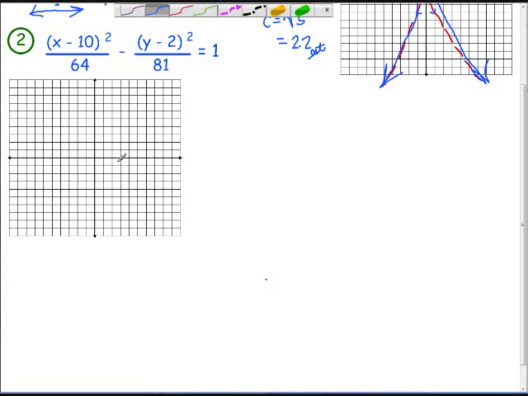In this case, I think I will call this 20. Otherwise, I'm afraid I won't have space to graph it. So I'm doing a 2 by 2 grid instead of a 1 by 1. Up here I did a 1 by 1. All right, so my center is at 10, which would be 5 grids over, and up 2, which would put my center right here.